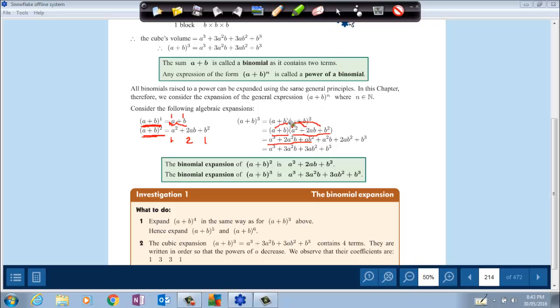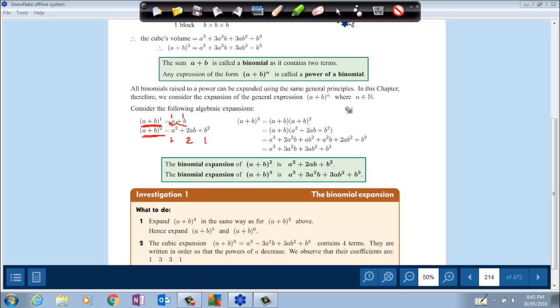And then you have to multiply the b into everything inside that bracket. So b goes multiplied there, there, and there, and then we'll give the last three, a squared b, 2ab squared, and b cubed.